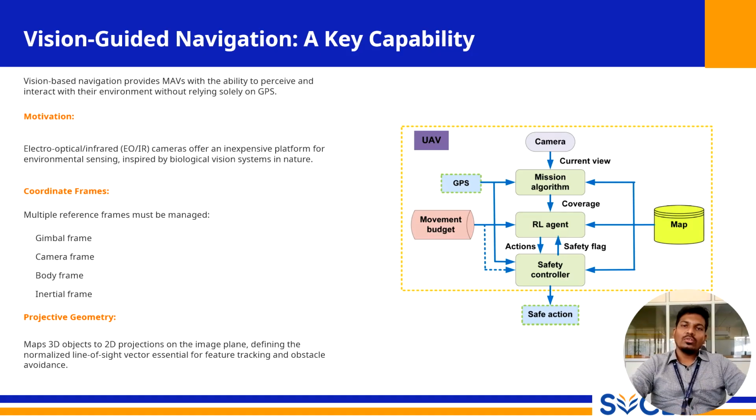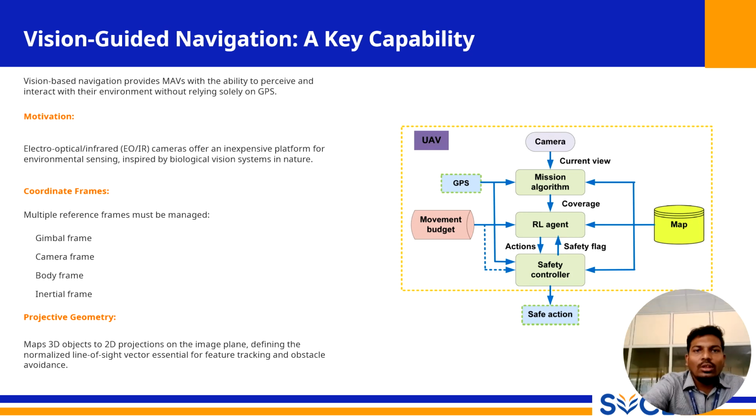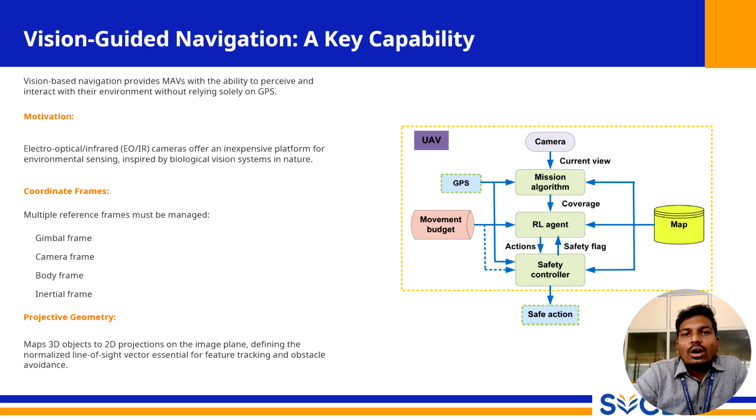A camera image is a flat 2D representation of the 3D world, and projective geometry is what allows us to relate the two. This process is what defines the normalized line-of-sight vector, which is a vector pointing from the camera center to a specific feature in the scene.